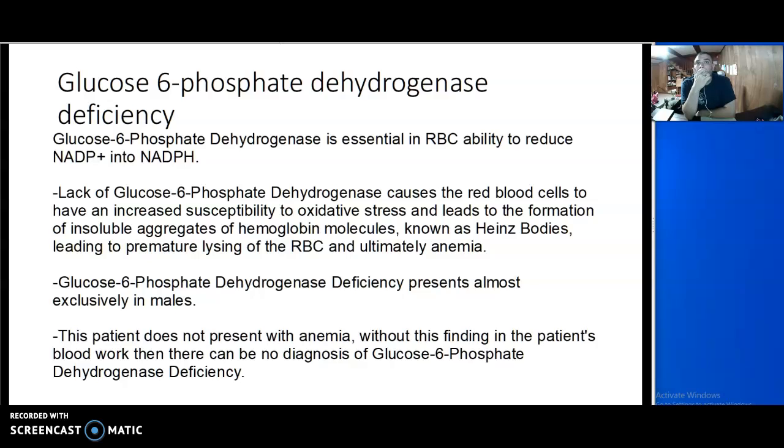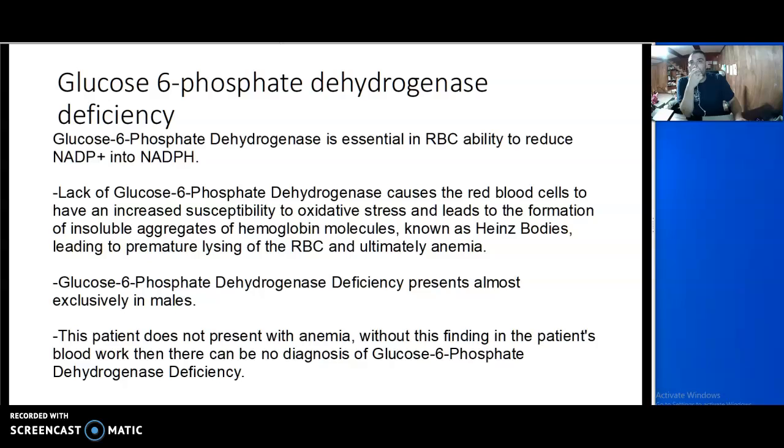Glucose 6-phosphate dehydrogenase is essential in the red blood cells to reduce NADP plus into NADPH. Without this ability, they become very susceptible to oxidative stress. This oxidative stress causes Heinz bodies to be created, which are a conglomeration of hemoglobin molecules that have been oxidized, and they ultimately lead to premature lysing of the red blood cells, which leads to anemia.